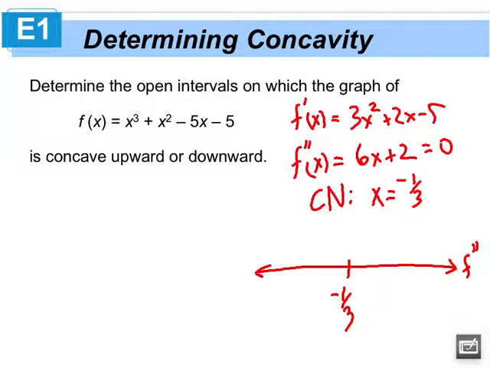Mary, what number would you like to test over here? -1. Where am I going to test that -1? F double prime. So if I put -1 in here, do I get a positive or negative value? Negative. Unlike the other number line, this is now concave down.